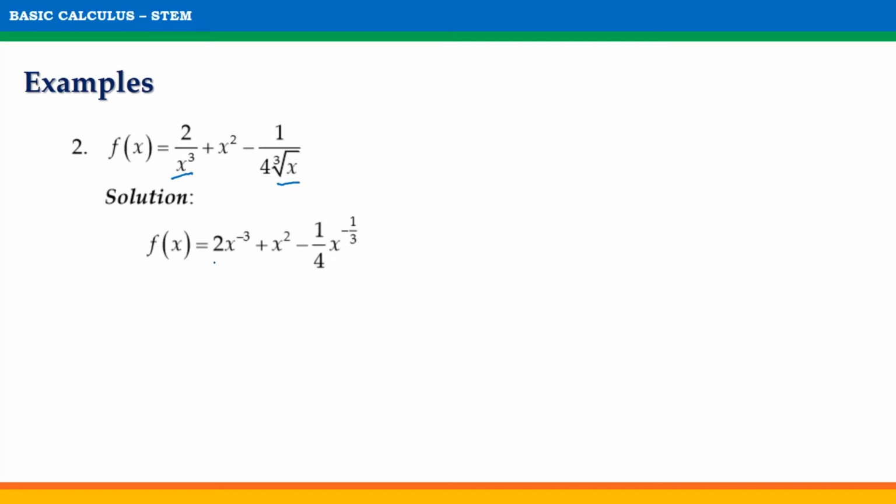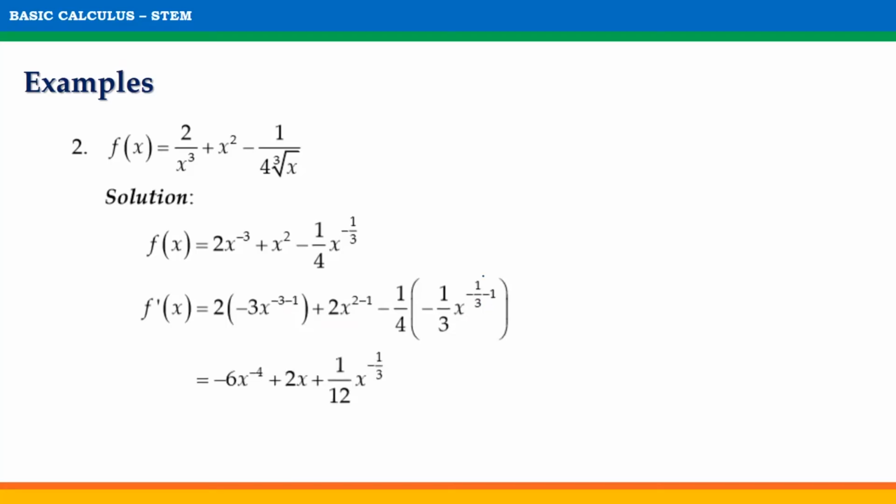From here, we can now get the derivative of each term. Thus, we will have 2 times negative 3x raised to negative 3 minus 1 plus 2x raised to 2 minus 1 minus 1/4 times negative 1/3 x raised to negative 1/3 minus 1.